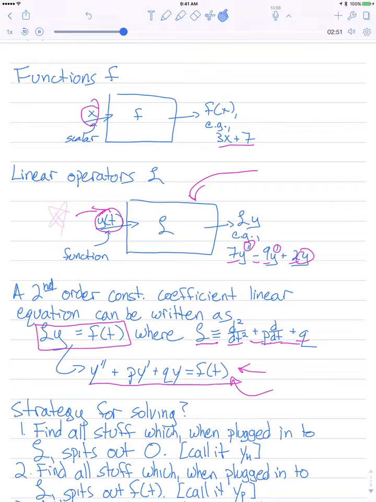Then find all the stuff that gives you f of t on the right-hand side. The full solution to the problem is the sum of those two things. You can toss in as much stuff over here that gives you 0, and then toss in stuff that gives you f of t, and you're allowed to add them because it's a linear problem. Linearity means there's a superposition principle that we've talked about before.